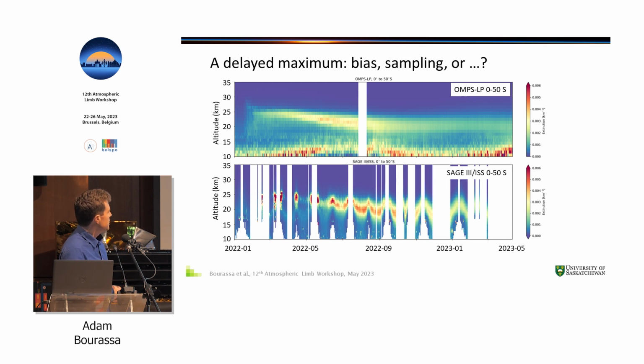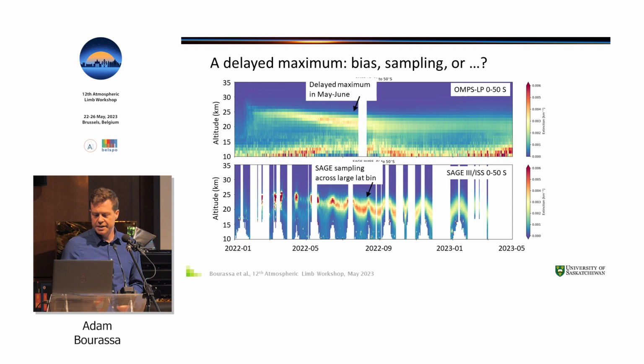You get a picture that looks like that. And it's hard to see, right? So here, SAGE is in a part of this latitude bin where there's no volcanic aerosol. And here there is volcanic aerosol. And here we're just doing a great big zonal average of the same bin. So you have to be really careful with the sampling here. But I was still curious about this, what is this maximum going on here? And I think it's just a sampling thing.